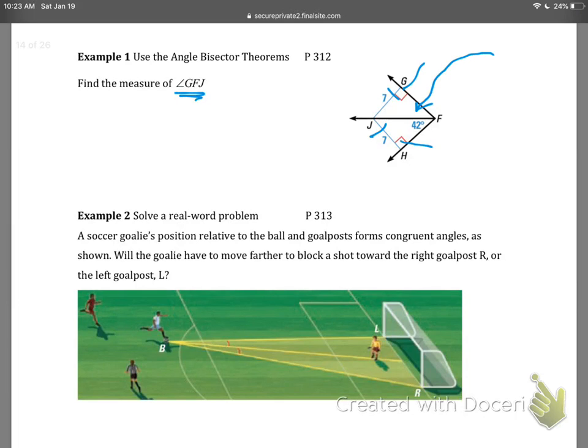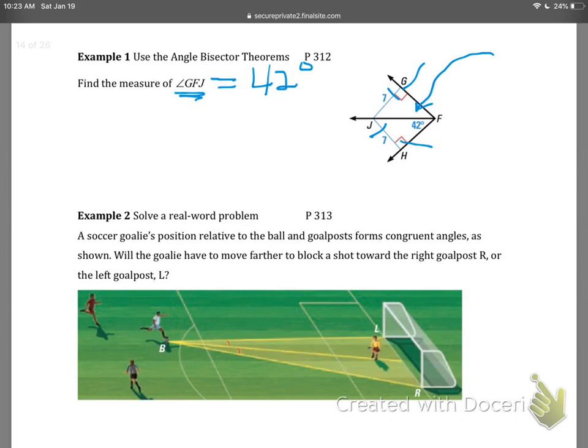And if it is an angle bisector, then angle GFJ is going to equal the same value as angle JFH. So therefore, GFJ is 42 degrees.